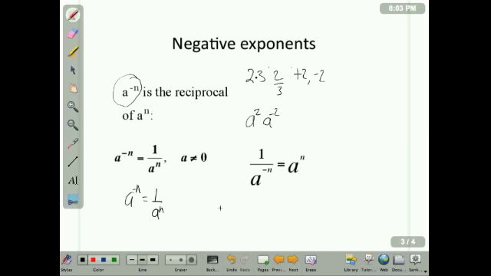As an example, 3 to the negative third power is the same thing as 1 over 3 to the positive third power. If I have x to the negative fifth power, its reciprocal is 1 over x to the positive 5.